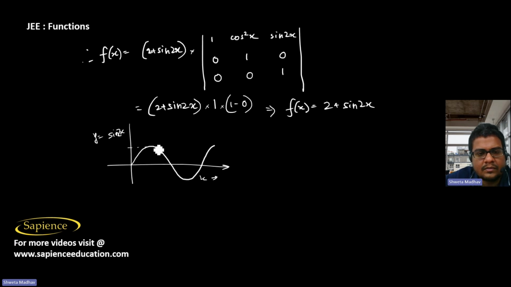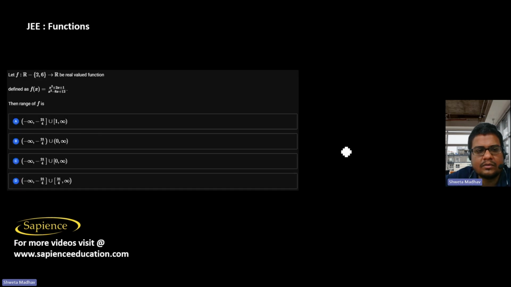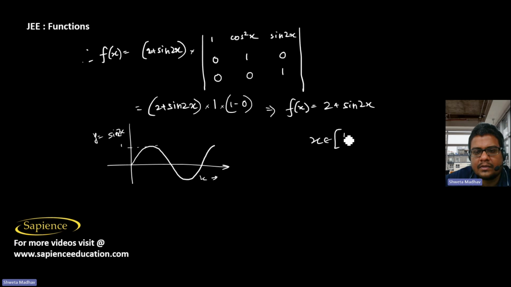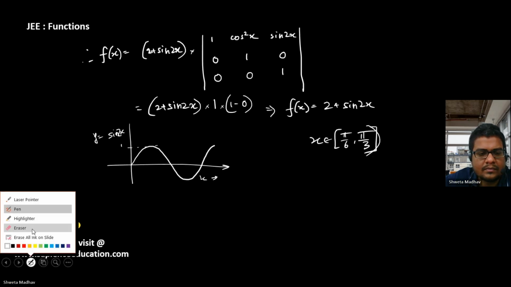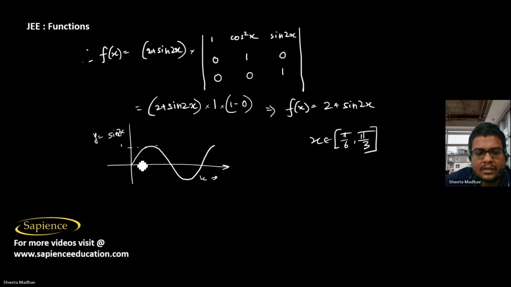Now it will go till 1, and here x belongs to pi by 6 to pi by 3, where both are included. Now pi by 6 to pi by 3 means 2x will go from pi by 3 to 2 pi by 3. Pi by 3 means 60 degree. 2 pi by 3 means 120 degree.